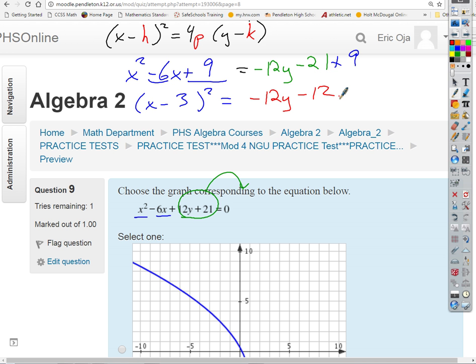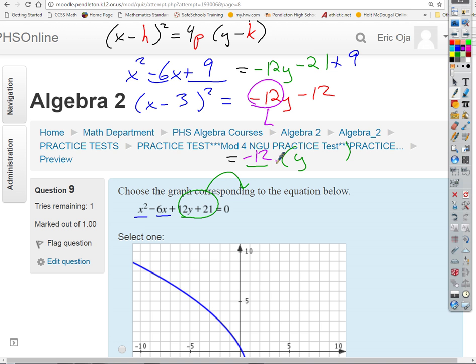Okay? Now here's the last step, right? So far so good. The left side looks perfect. We can see what h is, but we can't see what p and k are yet, right? On the right side, remember that this has got to end up looking like something times y minus k, right? So then what goes out front? Well, what goes out front is whatever started off being multiplied by y. I've got to undistribute that from both terms.